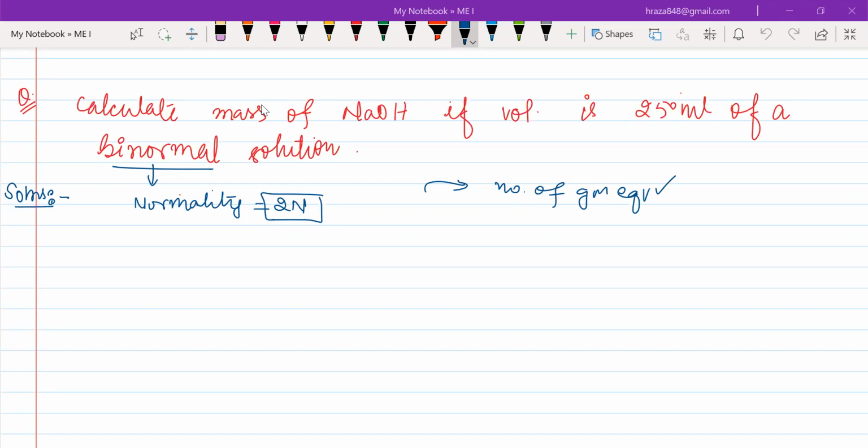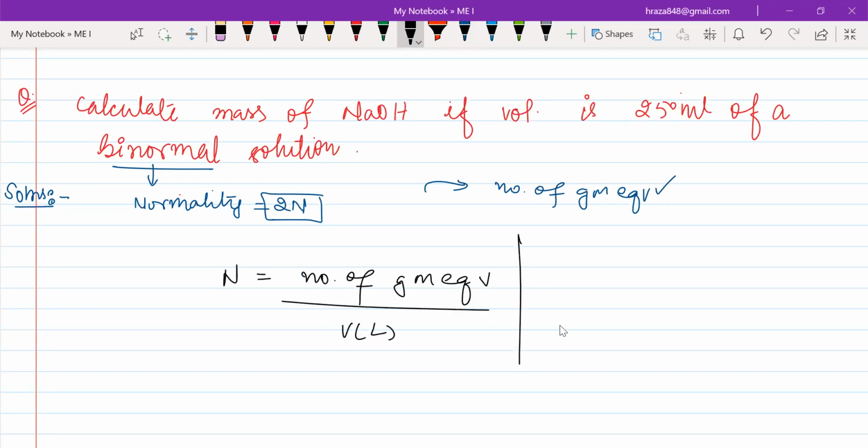Okay, see, I'm going to give you this. Normality has a formula: number of gram equivalent upon volume of solution in liter. Now, as you can see, normality is 2 given, number of gram equivalent as it is, I'm going to write, upon volume of solution, which is 250 upon 1000.